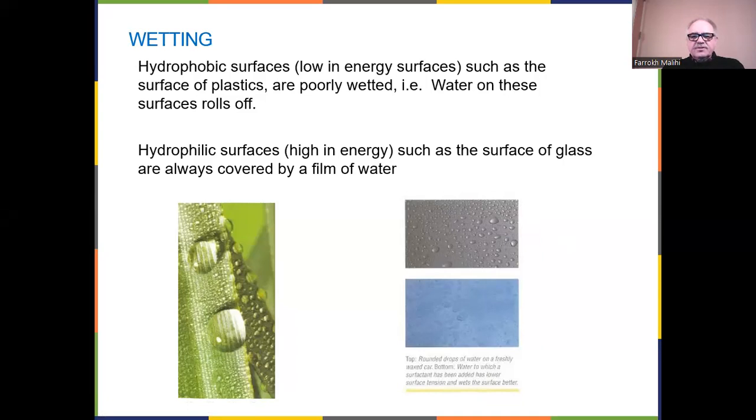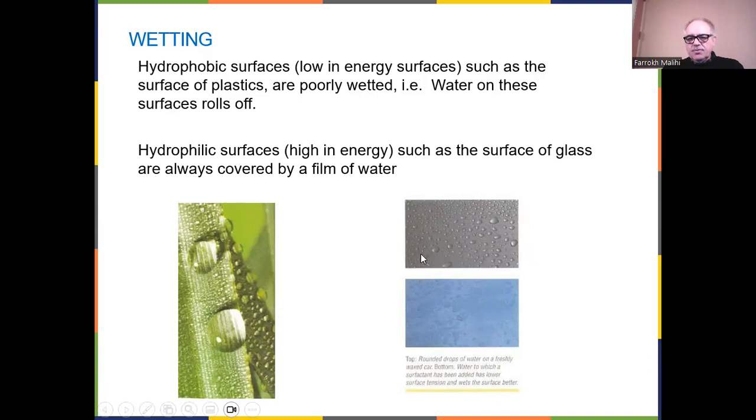On these surfaces, the water basically appears as spherical particles, and so these hydrophobic surfaces are poorly wetted, and the water on these surfaces basically rolls off. In hydrophilic surfaces, high in energy, like the surface of glass, for example, the water covers the surface as a film. So here is the contrast between the two properties.